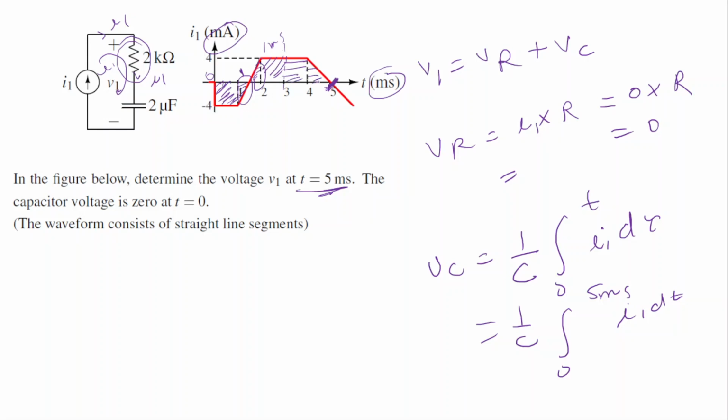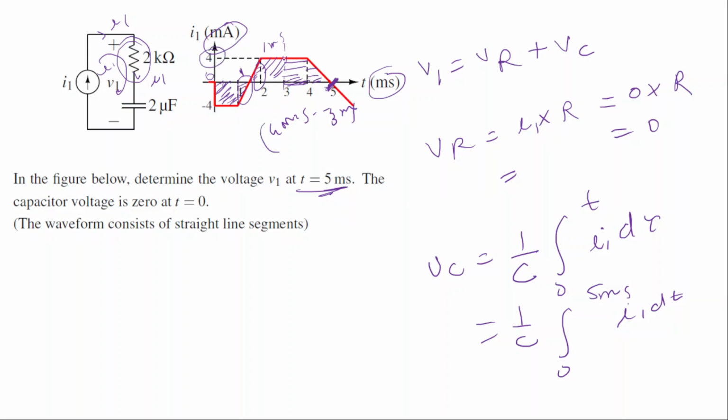So we need to calculate the area of these two. What will be the area? This is 1 millisecond of time, 4 millisecond minus 3 millisecond, and this is 4 milliampere.